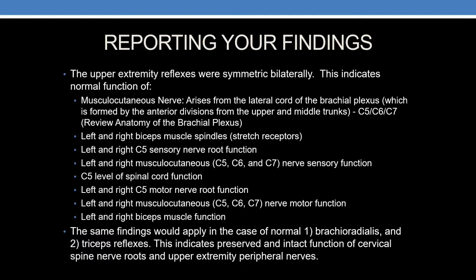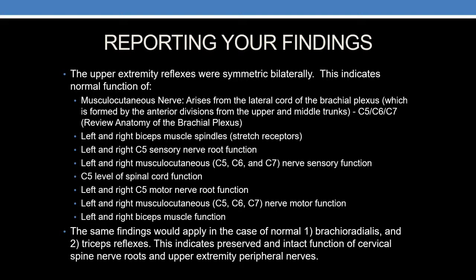And so let's just consider the biceps reflex. Now, the same pattern would apply for the brachioradialis reflex and the triceps reflex, but just considering the biceps reflex, a normal reflex indicates normal function of at least the following structures.